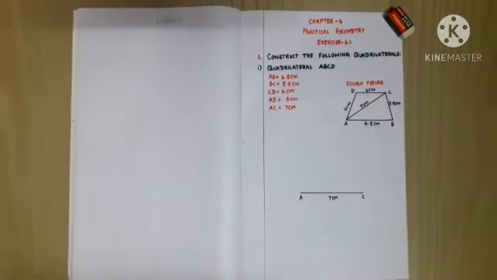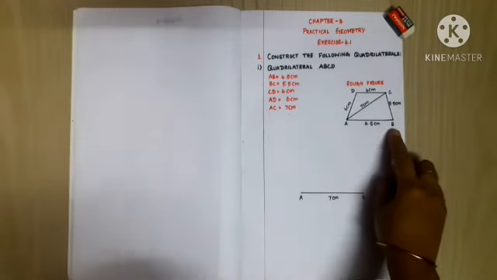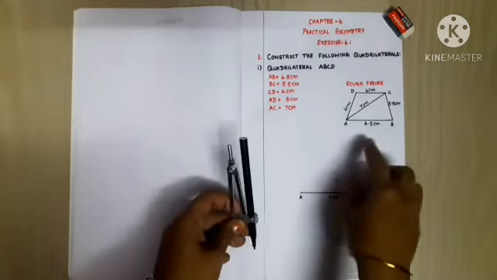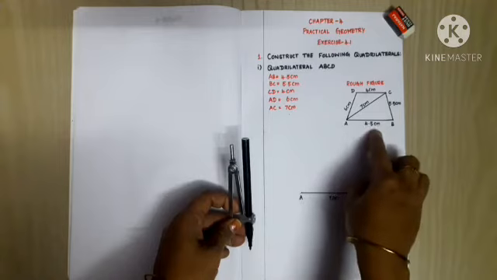With center A and the radius as 4.5 centimeter, draw an arc on one side of AC. Now I have to find the B. So I am using the compass to draw the arc. AB is equal to 4.5 centimeter.